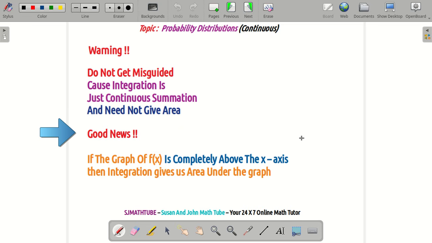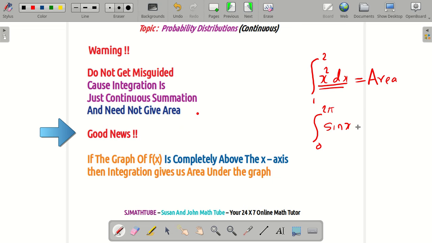Okay, now there is some good news. Do you remember the example 1 to 2 x squared dx? You saw that we were able to find the area. But when we tried 0 to 2 pi sin x dx, we got the answer 0. It's not the area.